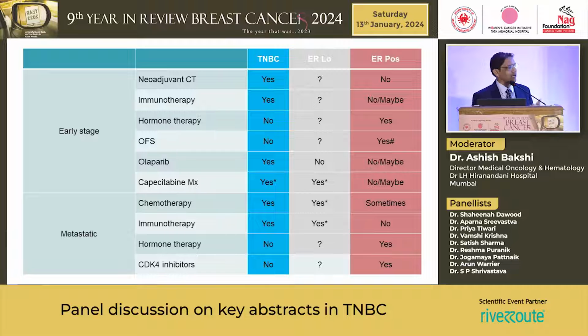And the decisions regarding whether to give neoadjuvant or adjuvant therapy, whether to give olaparib, whether to give capecitabine, whether to give ovarian function suppression, these are all important decisions that we take depending upon that. But what is a gray area is ER low, because not many trials included this population. Very few trials have included the ER low subgroup.